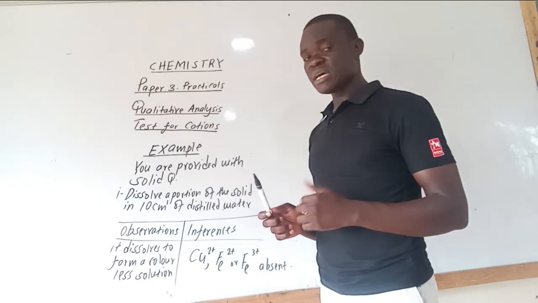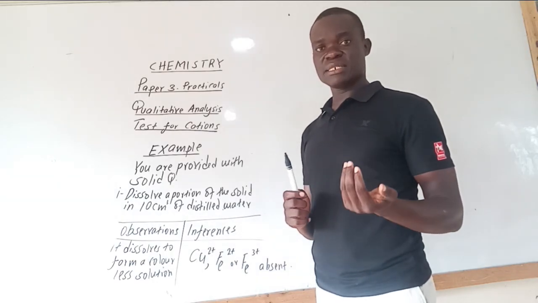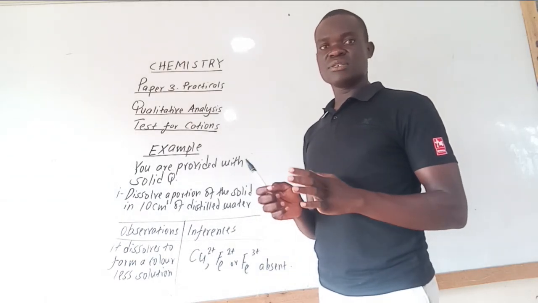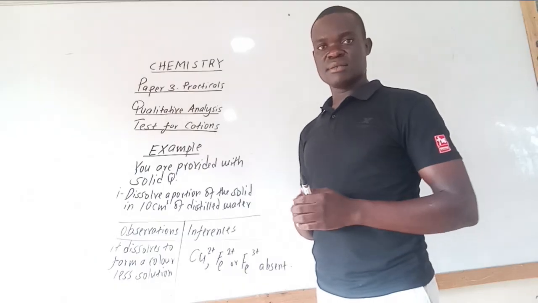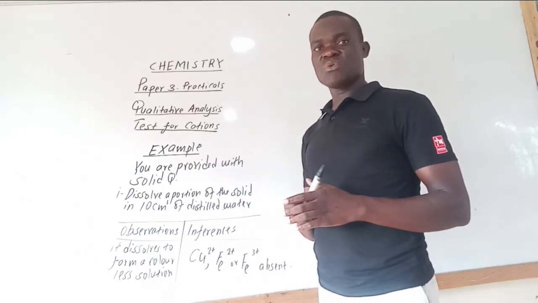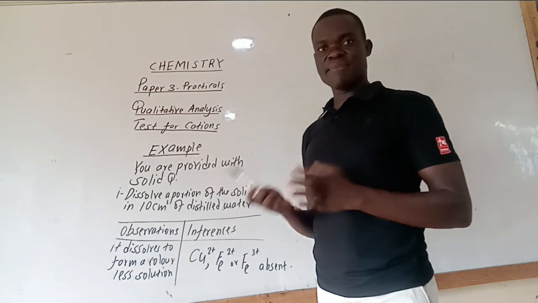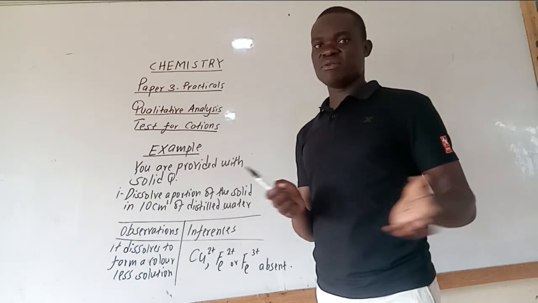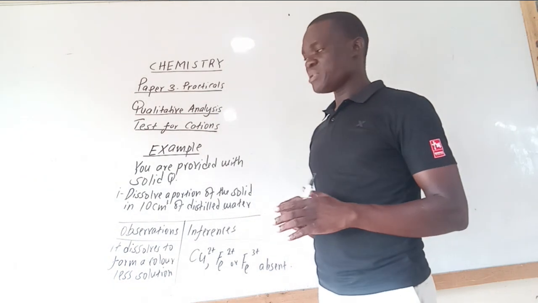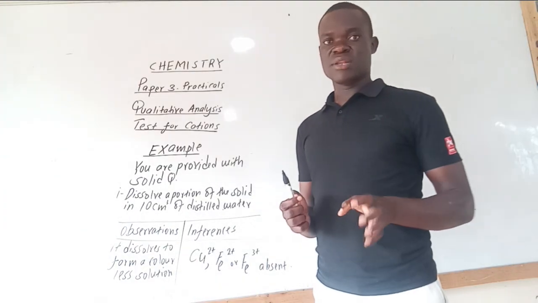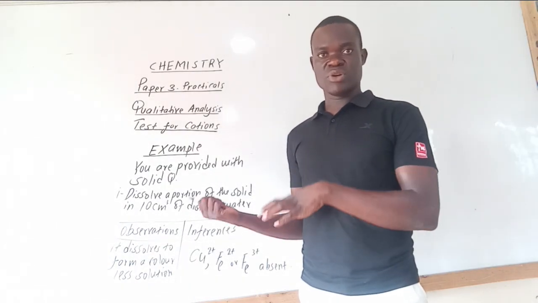So anytime we are doing a chemistry practical, we are doing it knowing what should happen, so that if what we expect to happen has not happened, we say it has not happened the way we expected. In paper 3, we just have to read and we have prior knowledge of what we are going to do.